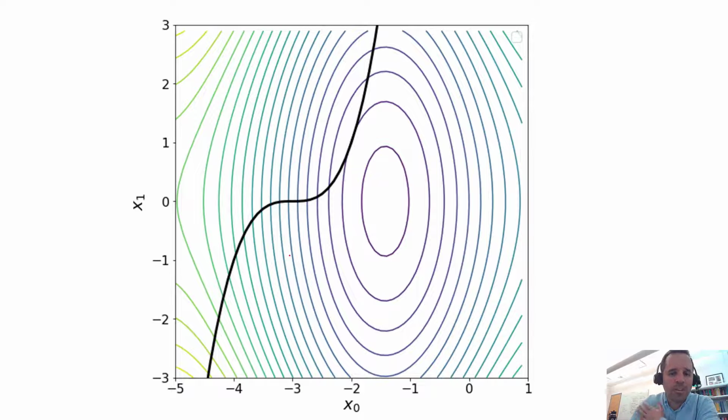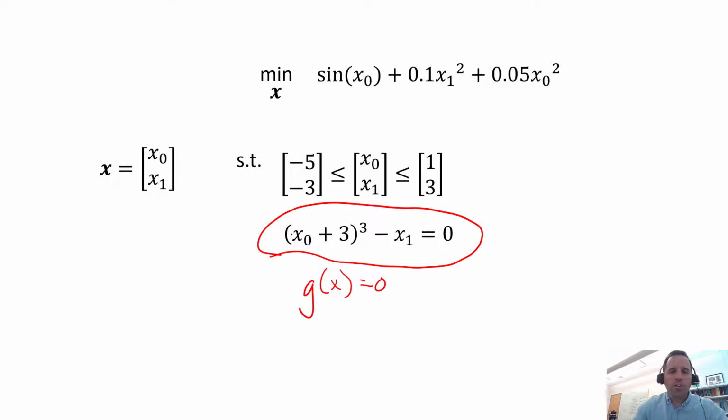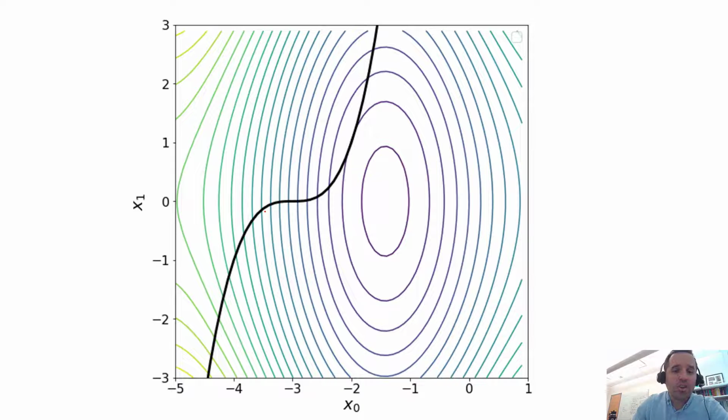So now we have the objective function plotted, but now I have that equality constraint line plotted on here. Because we are solving this problem subject to these bounds being honored and also this equality constraint being honored, this equality constraint takes away a degree of freedom.